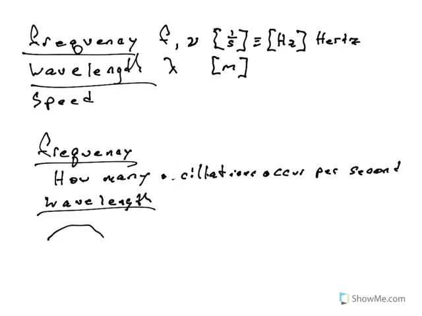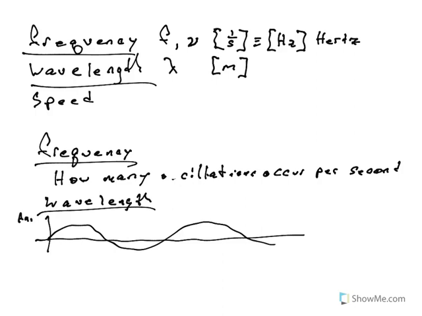If we look at a wave, let's say this is a wave here, the wavelength, if this is a plot of the amplitude versus distance, so as a wave is traveling to the right, let's say, it's oscillating up and down. The wavelength is defined as the distance the wave travels in making one oscillation. Distance traveled in one oscillation.